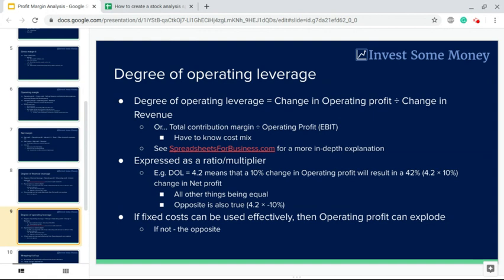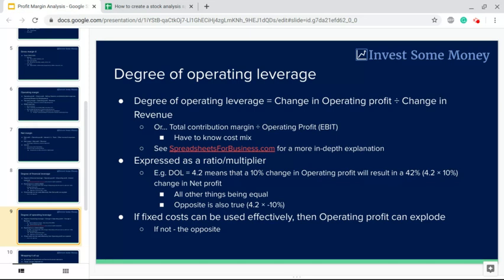What's contribution margin? Well, you have to know the cost mix to know that. What's the cost mix? Cost mix is the mix of fixed and variable costs that a company has. And while public companies are required to disclose a lot of things, they're not required to disclose how much of their cost is fixed, how much is variable. Even if they did, that's still a pretty subjective thing.